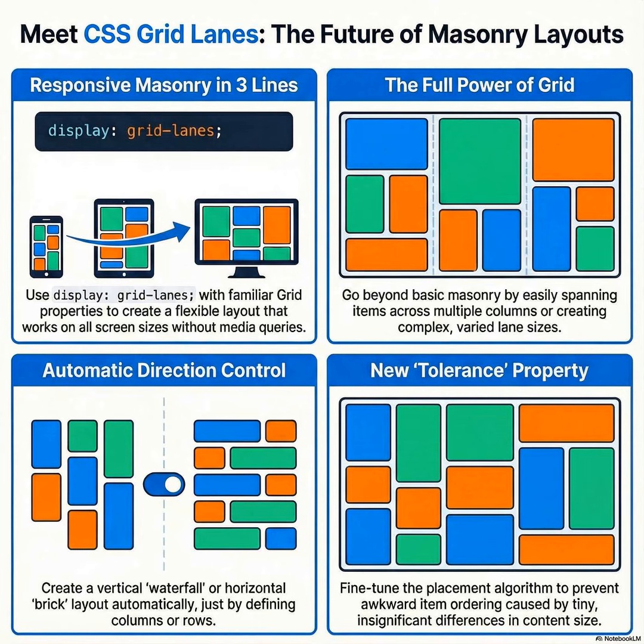Wait, why wouldn't you just set that to 0 for maximum accuracy? Because you could get a really weird content order. You might see item 6 appear way over on the right, and then item 7 jumps all the way back to the left. Ah, I see. That would be a terrible tabbing experience. A mess for accessibility. Tolerance just keeps the flow sensible.